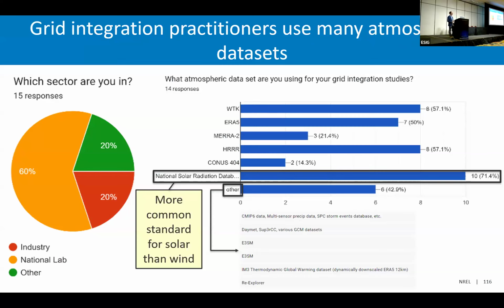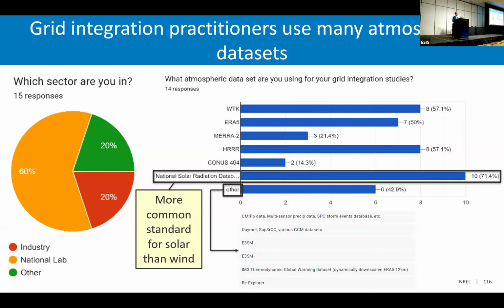One thing that really came out for me in the couple dozen responses we got before the workshop is that in the wind data space, there are many more data sets commonly used than in the solar data space, where maybe there's a bias in who shows up to an NREL workshop, but the NSRDB seems to be popular and commonly used in the field for grid applications.